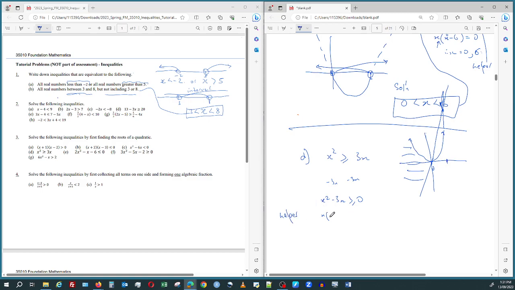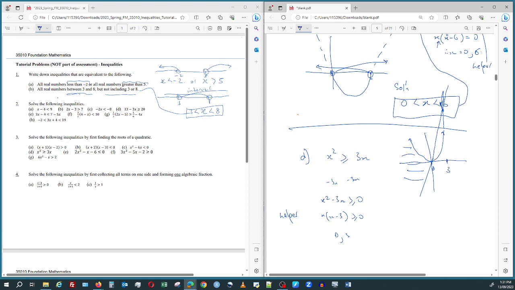I could write it all as, when is that true for the equals part? It's true at 0 and 3. So this is 3 and that's 0. So there are our 2 solutions, 0 and 3. But when is it true? That's the bit that we have to negotiate. When is it true?